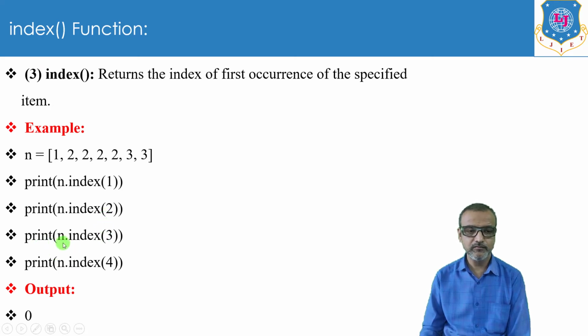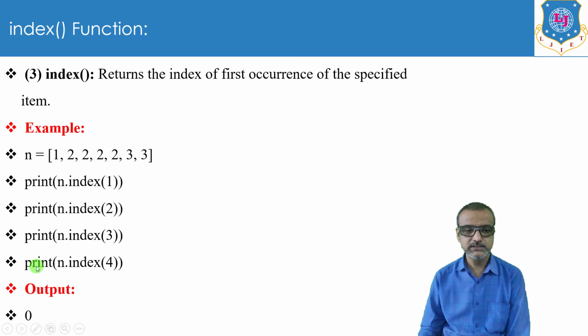Now print of n dot index 3, what will it give us? See, the element 3 is present over here, it is also present over here, but its first occurrence will be counted at this position. Now count this index: 0, 1, 2, 3, 4, 5. So this statement will give us the output as 5.